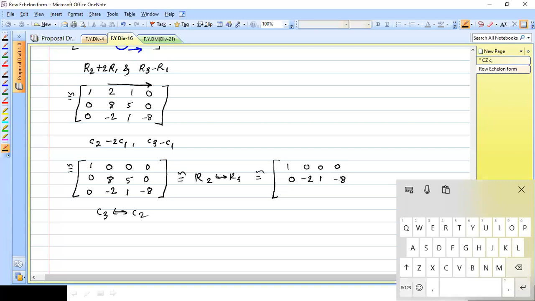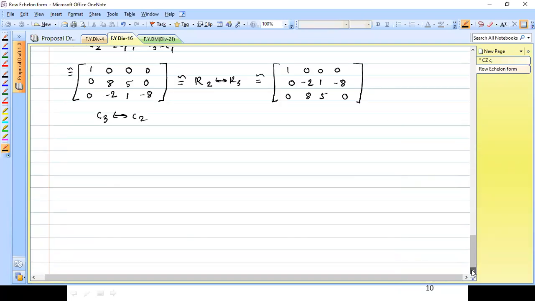Am I correct? And then again 0 8 5 0. Now I'm going to change the column, because in the normal form, row operations as well as column operations are allowed.